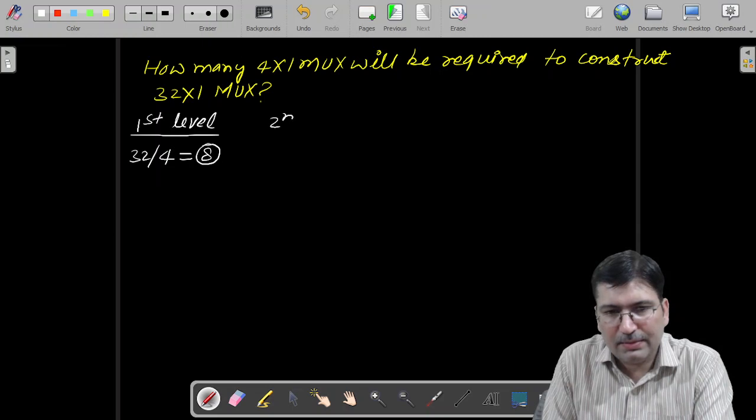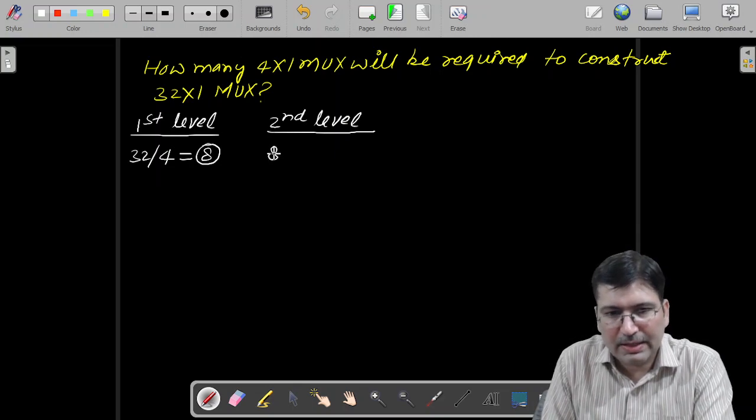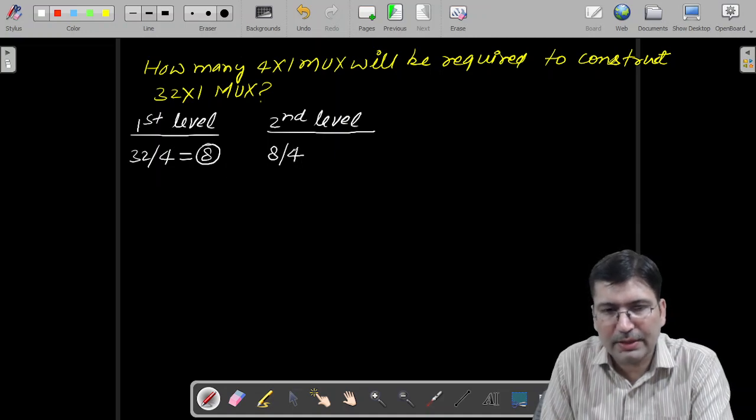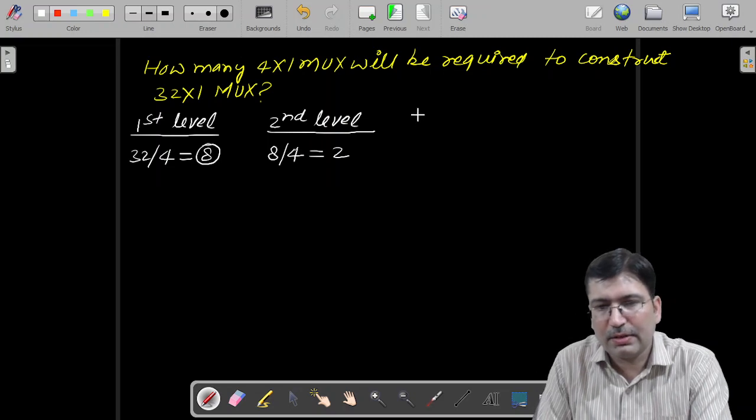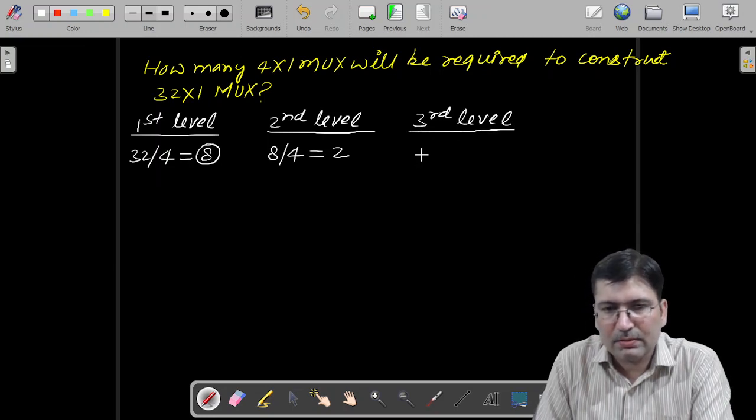Now at second level, we are getting 8 outputs of these 8 MUX. We are having a MUX which can handle 4 at a time. So we require 2 MUX at second level. Now at third level, how many MUX do we require?